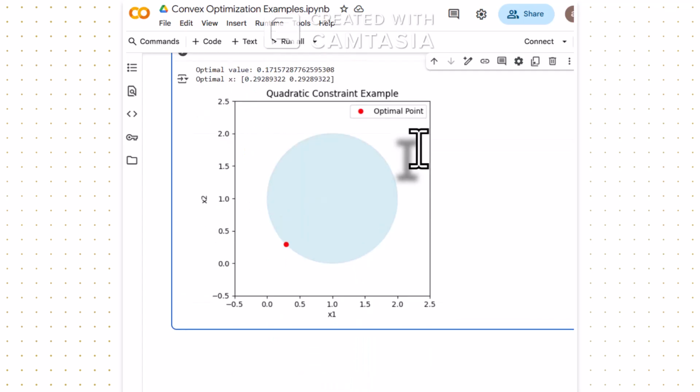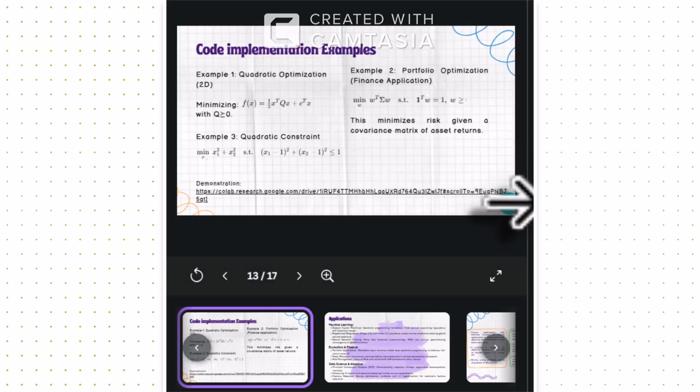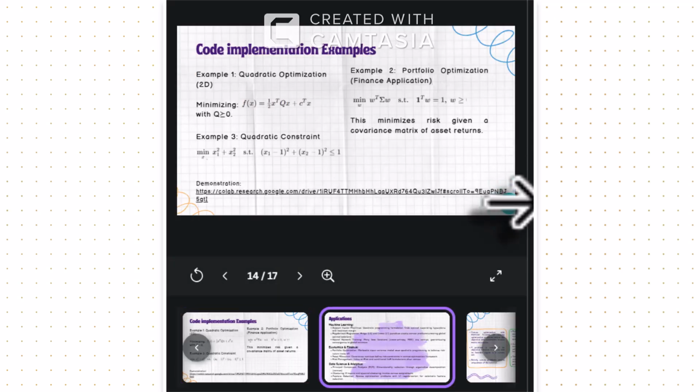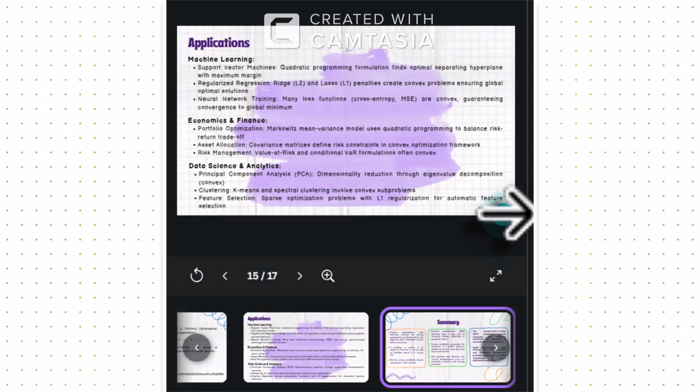So the visualization draws a circle, and the optimal solution is marked in red, which sets equal scaling for proper geometry. So convex optimization can be applied in different cases.